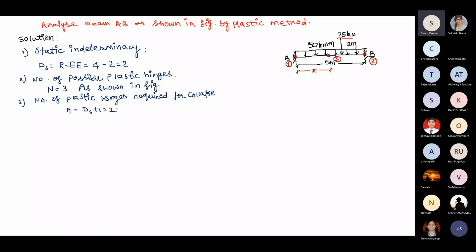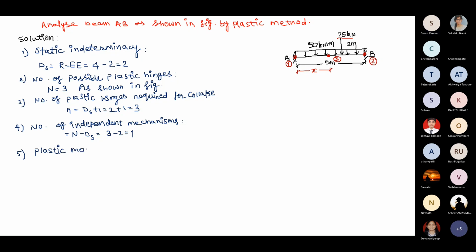Ds plus 1. Number of independent mechanisms. N minus Ds. Plastic moment.